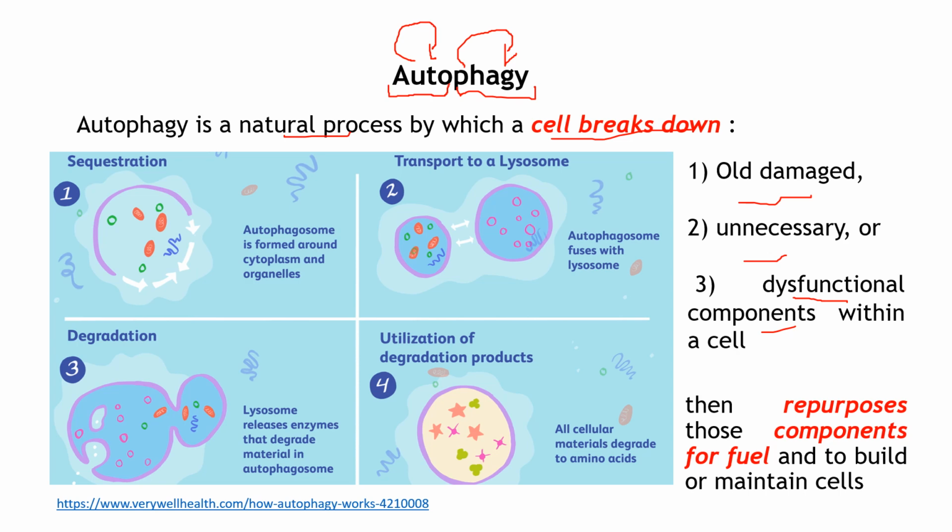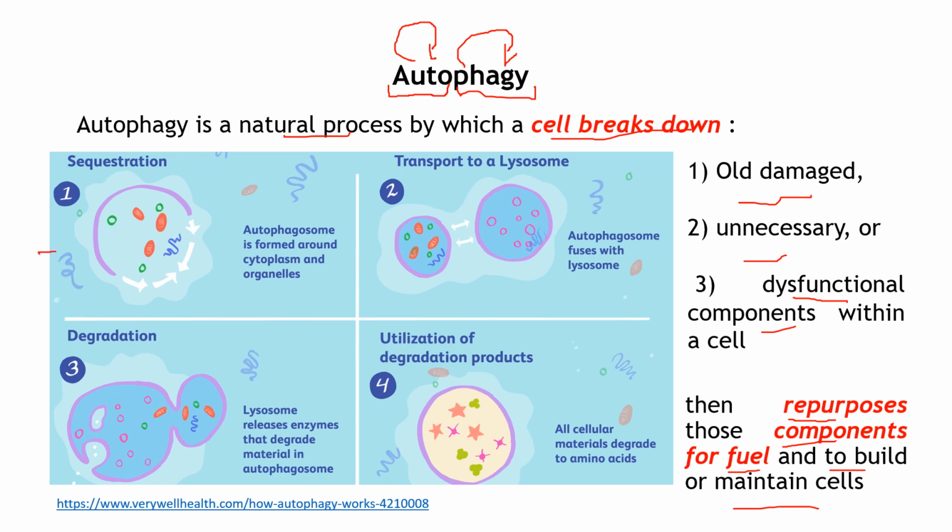So the cell is going to use enzymes, all these different lysosomes, all these different organelles to reuse those materials. It's able to repurpose those components to fuel, build or maintain the cells. So pretty simple. It's not actually that it's eating itself, it's using the old things and recycling them, and it goes through 4 different stages.